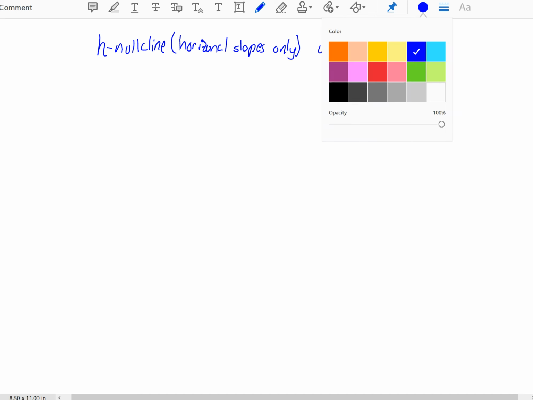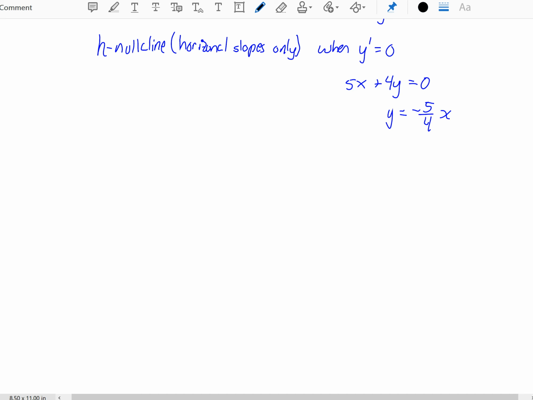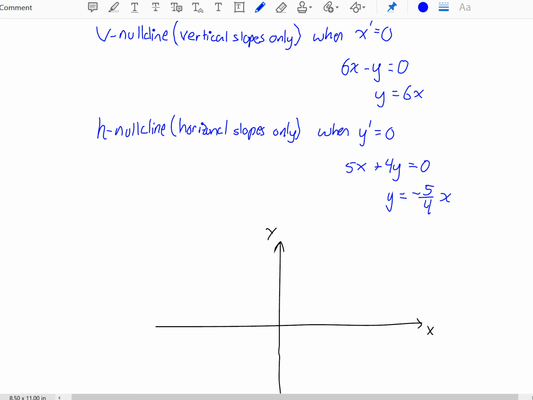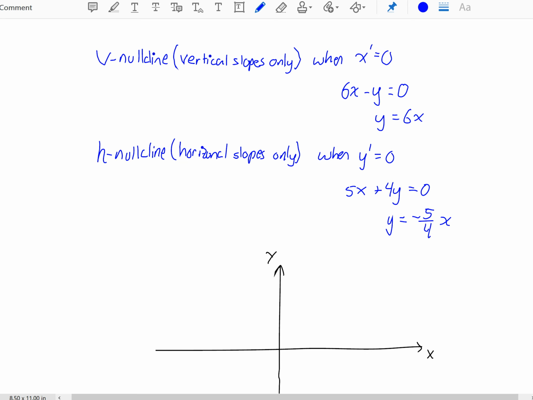Okay. Now let's look at creating our phase portrait. So let's start by creating our coordinate system with our x and y axes. Oh, I labeled that one x, that should be y. And now draw each of our nullines. Now our vertical nullline, this is the line y equals 6x.